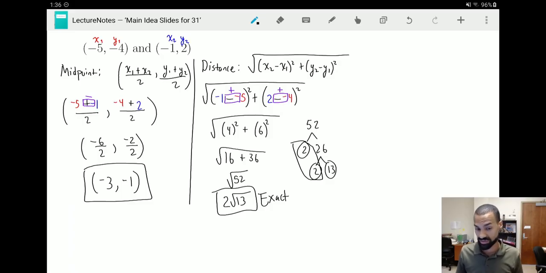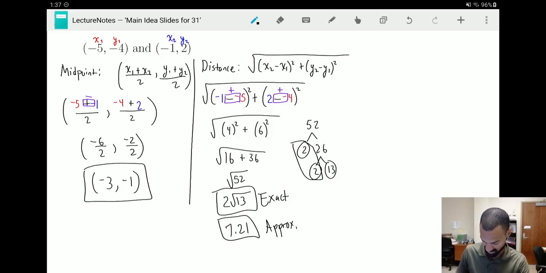Now, if I wanted to find an approximated solution, the approximate value, I would type this in the calculator, 2 times the square root of 13, or just the square root of 52. So let's see, the square root of 52 is 7.21. So I would say that is my approximated value. I did round it.